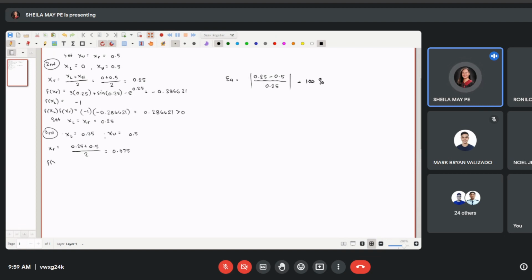Now for the function of our x sub r, that would be 3 times 0.375 plus sine of 0.375 minus e raised to the power of 0.375.